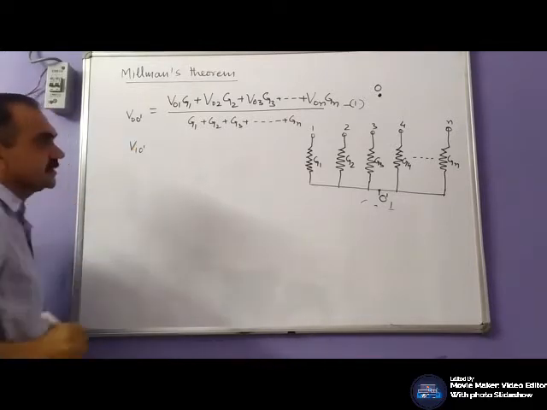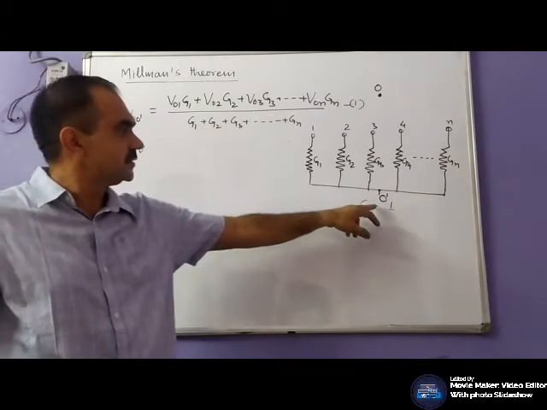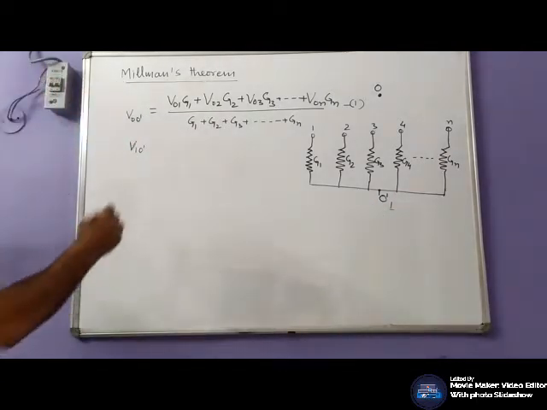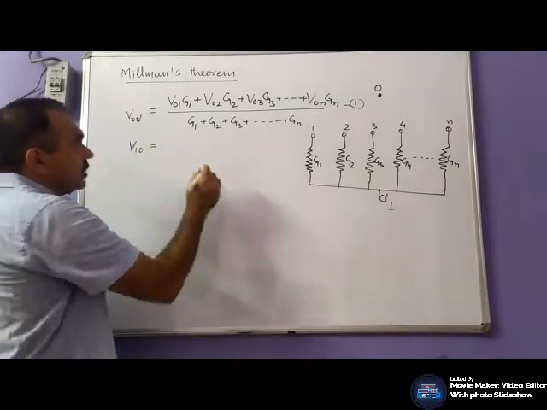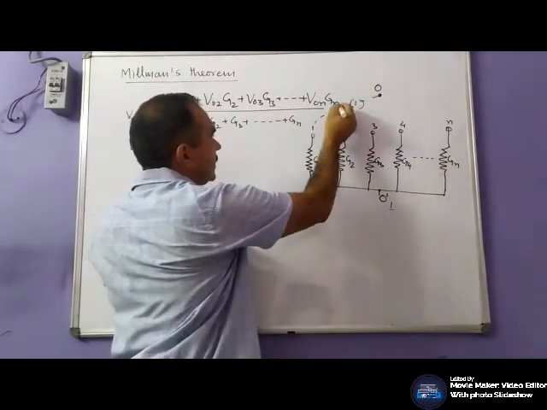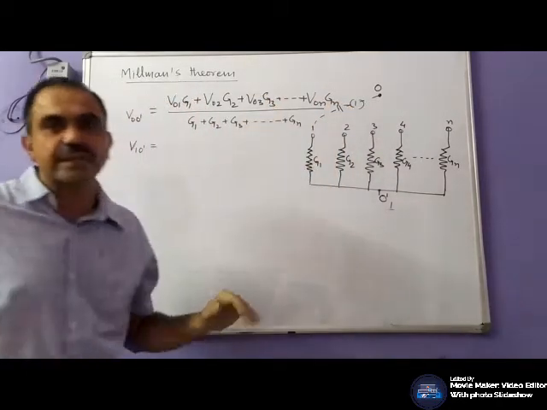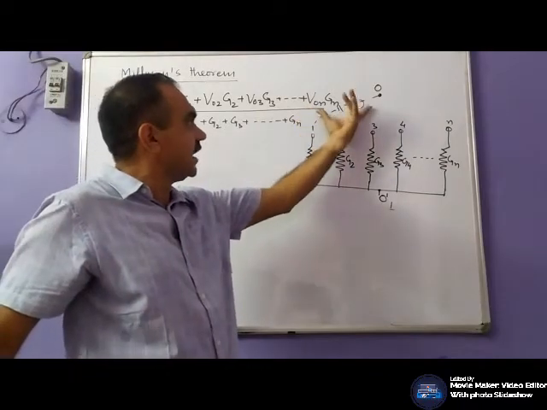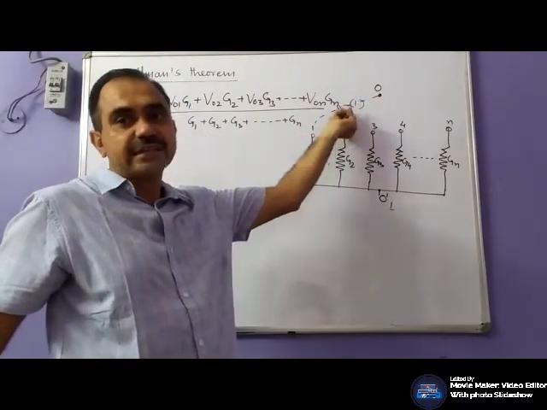V10 dash. What would be the voltage? That would be equal to the total voltage. For example, we have this circuit that may be connected through a certain source, or it may be connected directly. If no source is given, this voltage would be considered as 0.